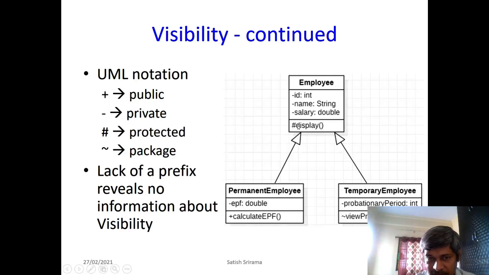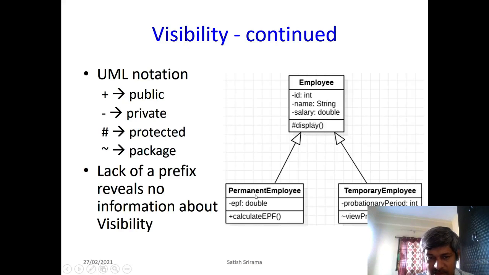The display method we have declared with protected visibility. That means this method is visible only to the subclasses. For example, a permanent employee can display something, say ID, name and salary in a certain form.